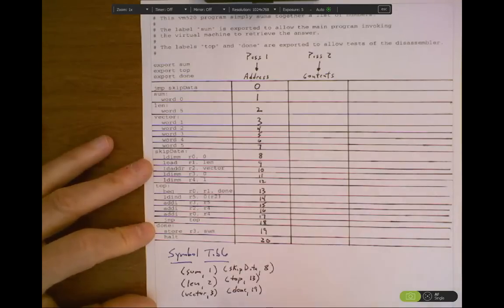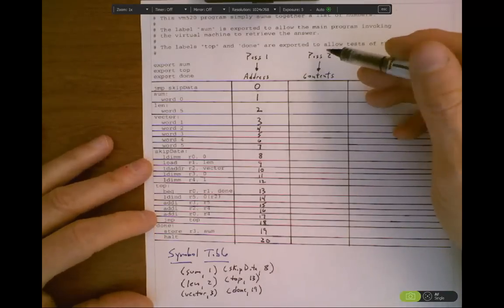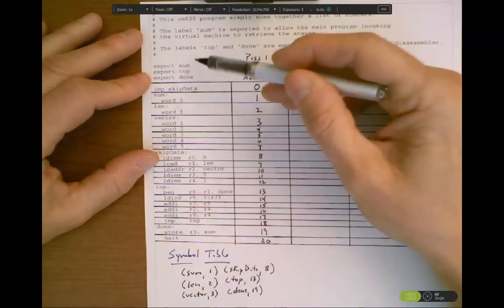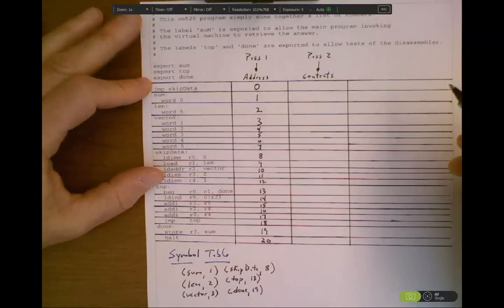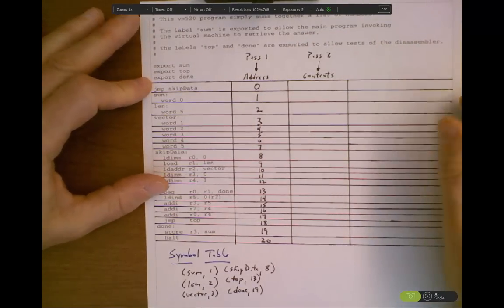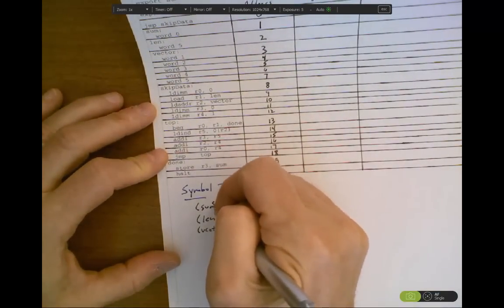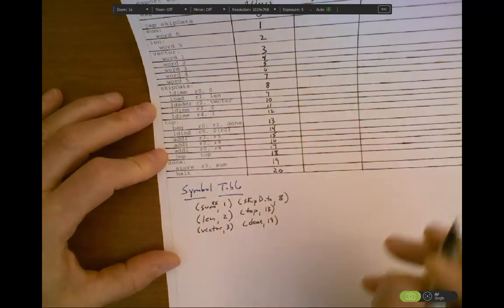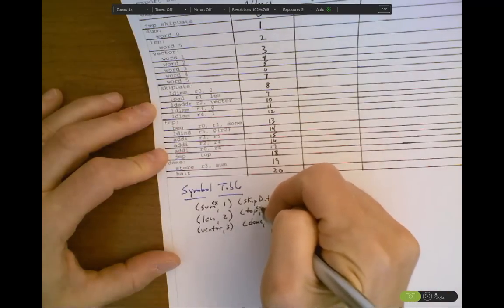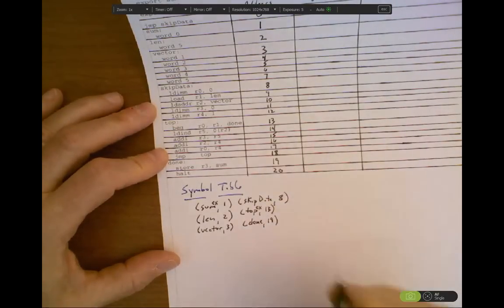And the key thing again is I made these 6 entries into the symbol table tracking labels and their addresses. So now I come back around, read the input again, skip over the comments. I come to these exports, and I'm going to note that I saw them by updating my symbol table just to reflect that sum was exported, top was exported, and done was exported.